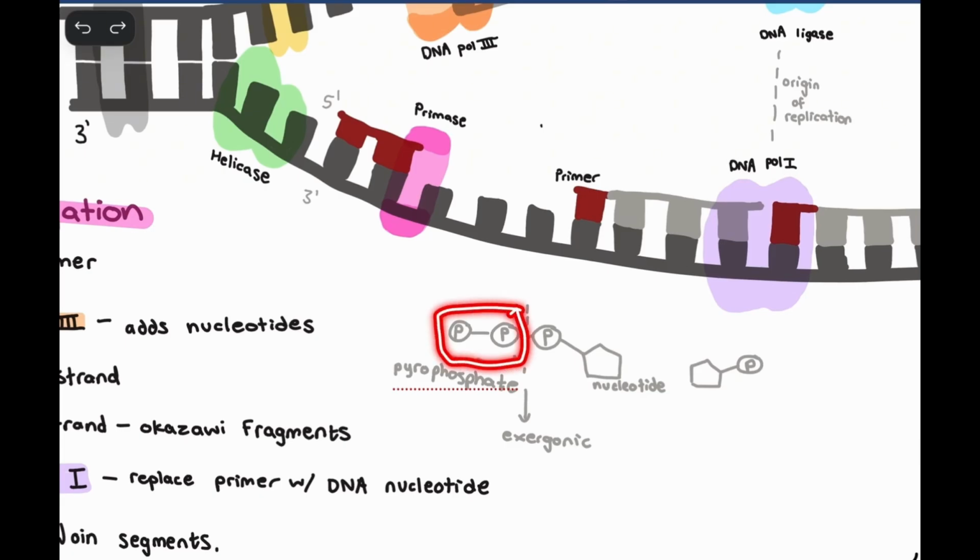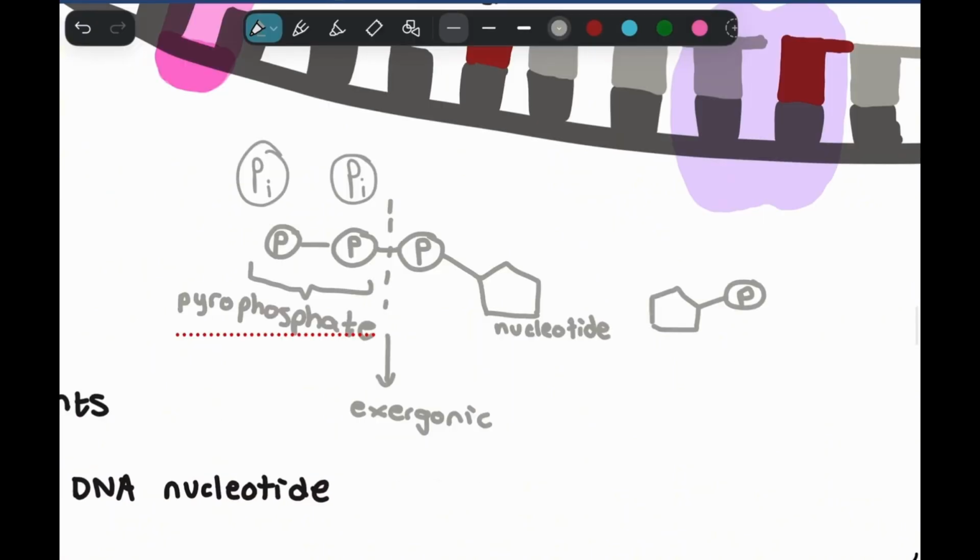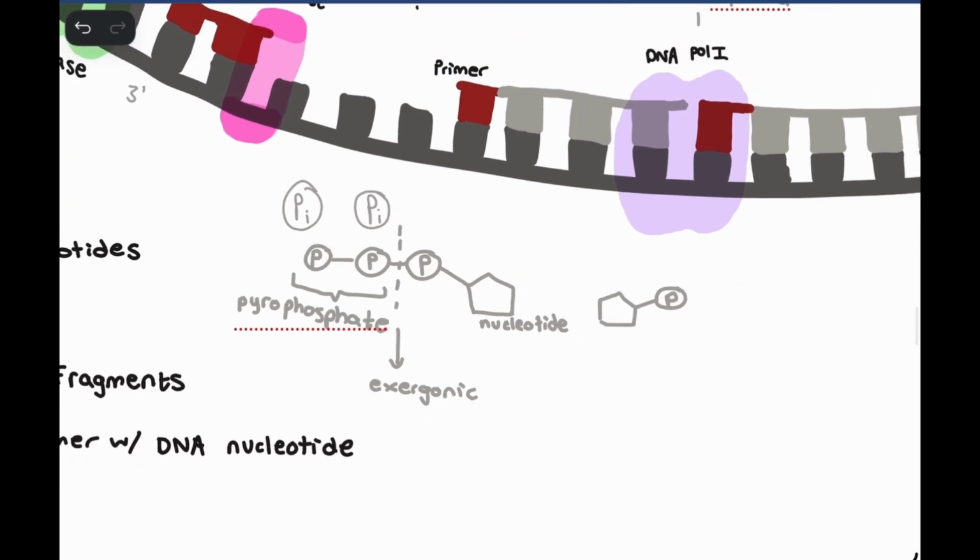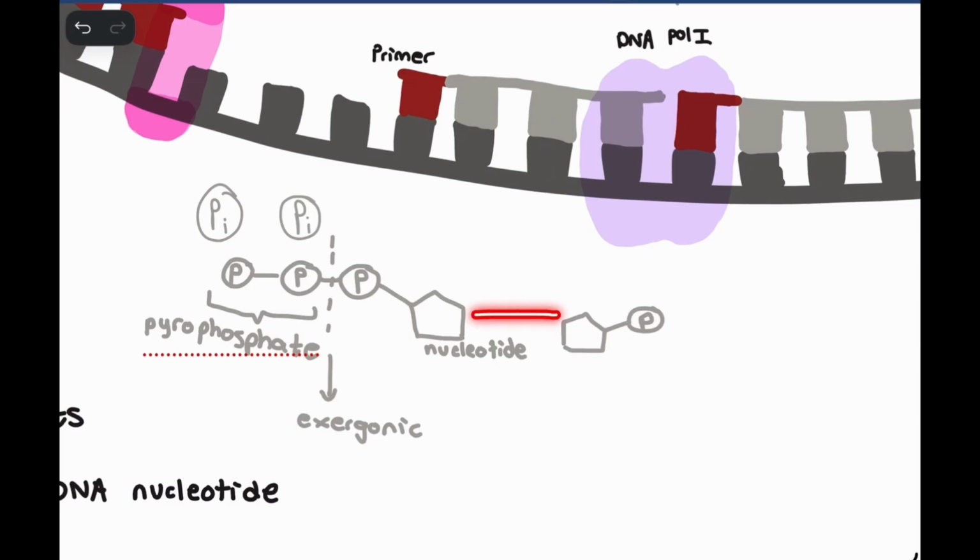So these 2 phosphates are known as a pyrophosphate, which hydrolyzes to 2 molecules of inorganic phosphate. When you cleave off the pyrophosphate, this reaction is exergonic, which helps to combine the 2 nucleotides with the respective number of hydrogen bonds.